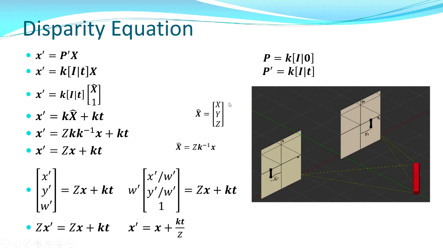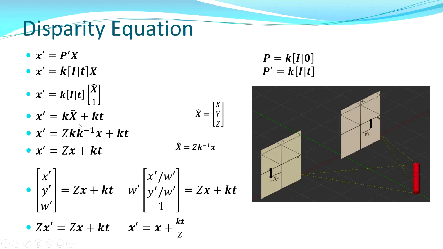So these are the inhomogeneous coordinates x, y and z with a 1 over here, and just multiplying it again, we get K I X, which is just K X cap, plus K t into 1, so that is K t. So this is the equation that we get.